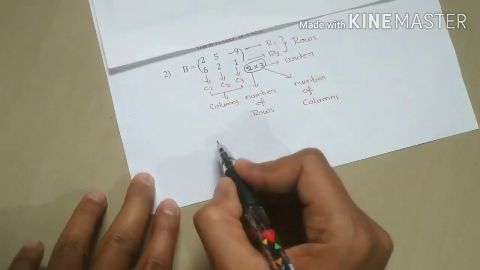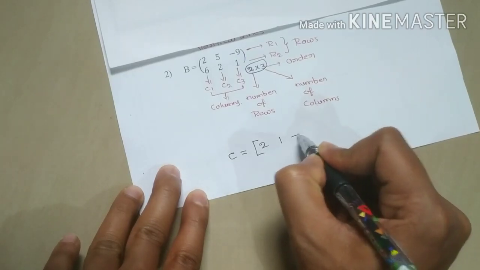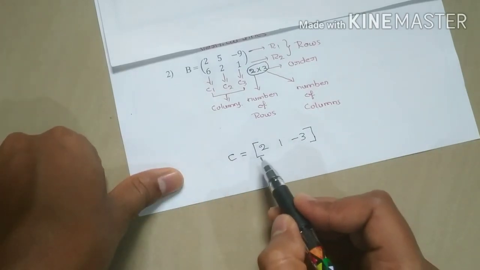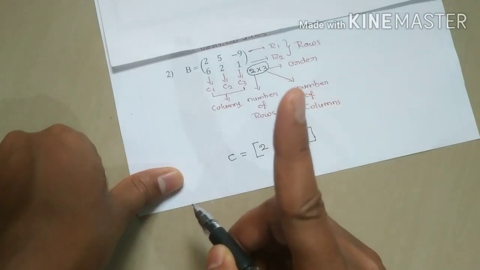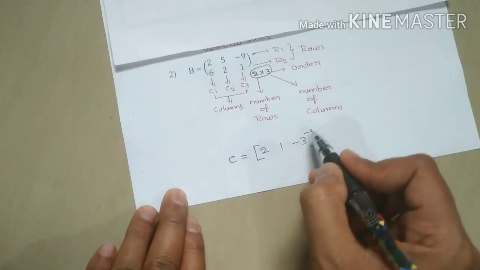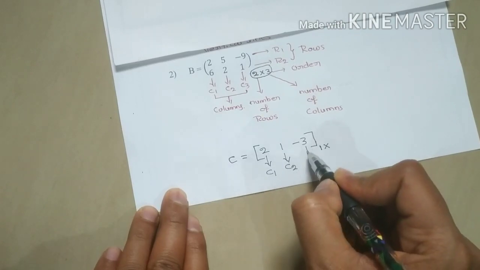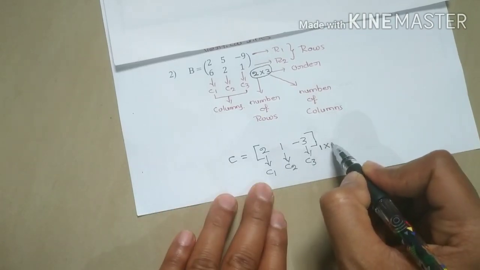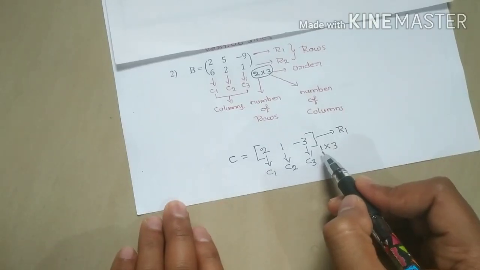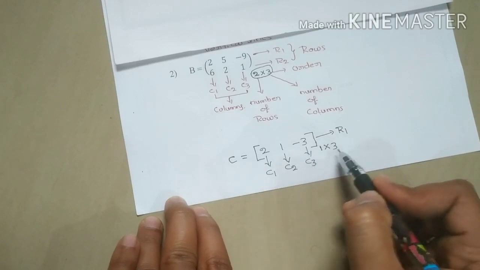One more example. Suppose I write C is equal to 2, 1, minus 3. This is also a matrix. How many rows are here? Only one row. Cross, how many columns? 3 columns: this is the first column C1, the second column C2, and the third column C3. So what is the order of this matrix? 1 cross 3, because only one row and 3 columns.